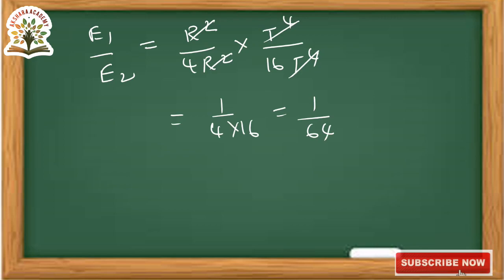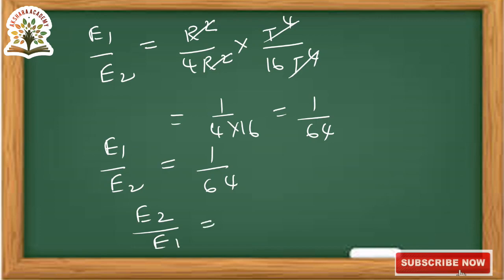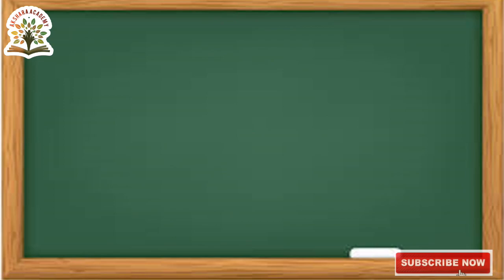So E1 by E2 is equal to 1 by 64, or we can write it as E2 by E1 is equal to 64. This is the final answer. Okay. Next we will go to the next question.